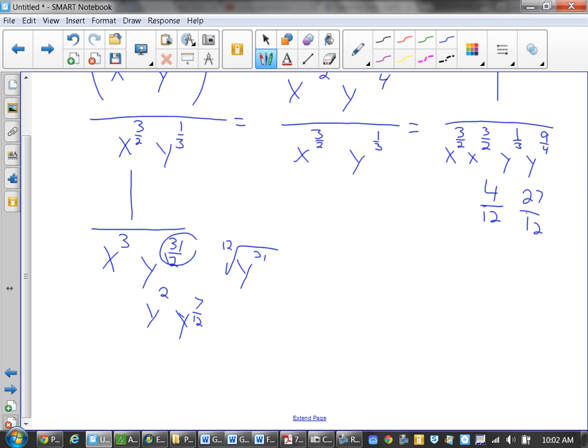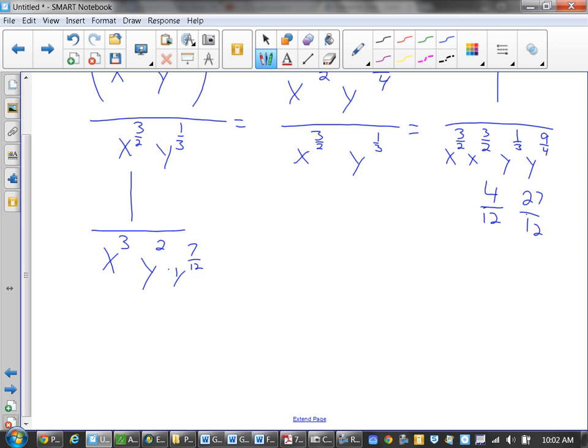I'm rewriting this: y squared times y to the 7/12. All I did was simplify out the fractional exponent of 31 over 12 and do it this way.